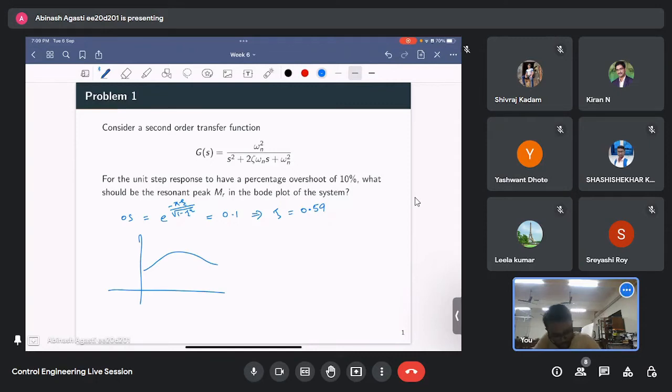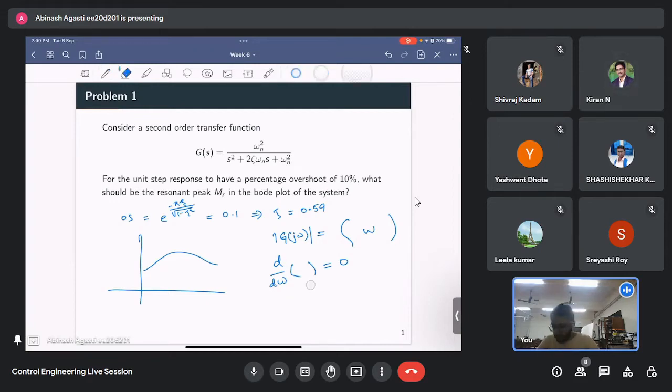The magnitude of the frequency response is some function of omega, right? So when we differentiate this by d omega and set it equal to 0, that will give us the maximum, the peak of the Bode plot of the system.